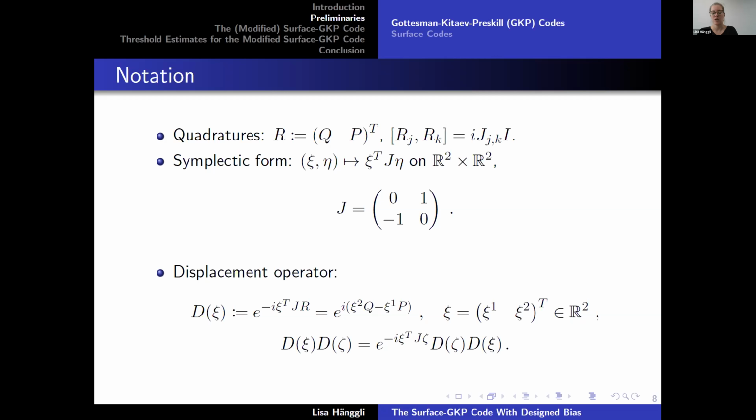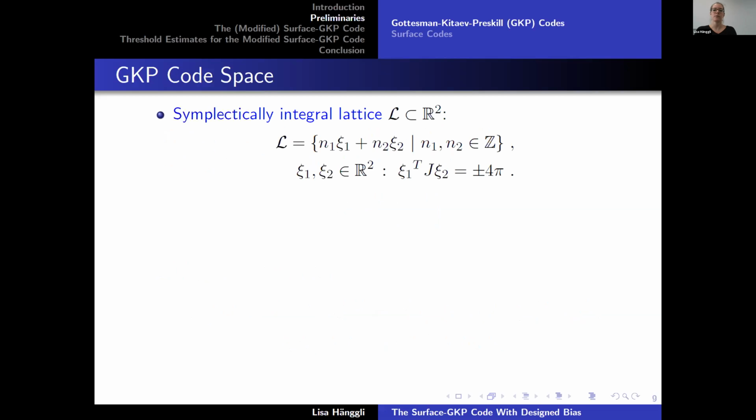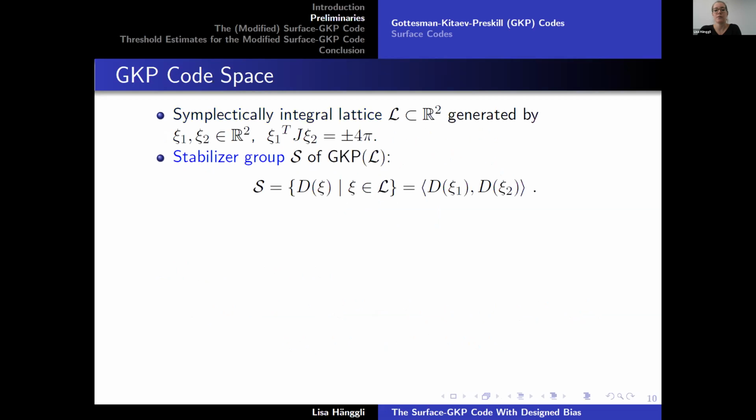Now, a symplectically integral lattice is a lattice in R2, which is generated by vectors whose symplectic inner product is equal to plus or minus 4 pi. And now, the GKP code space is stabilized by the lattice displacements. One can check that the stabilizers actually commute by using the integrality condition.